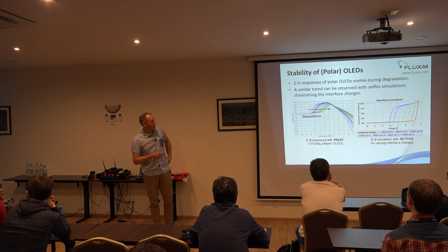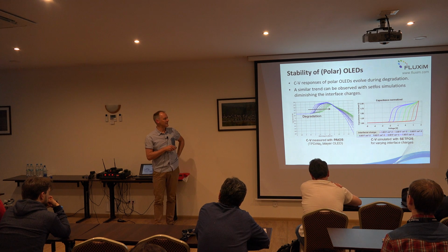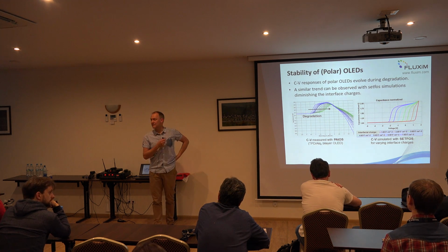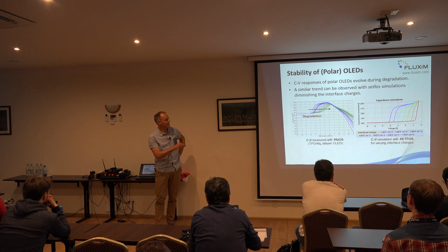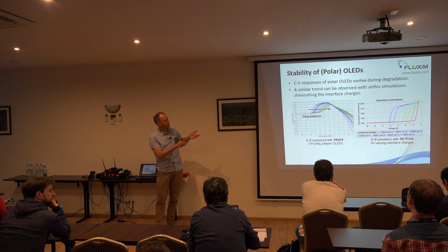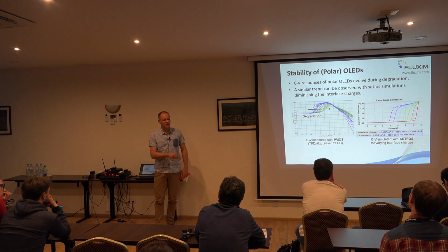Okay. This kind of capacitance-voltage signal that I just discussed was for the fresh OLED. So the blue curve, starting from geometrical capacitance, then at the threshold voltage or transition voltage, we have an elevated capacitance, and then at turn-on voltage at 2 volts, the capacitance goes down.